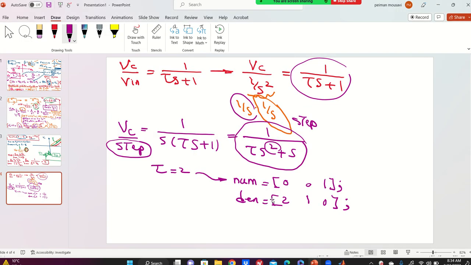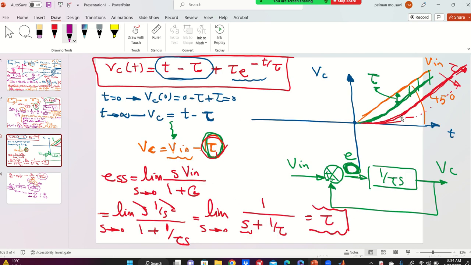So, did you follow the course in the class? What is this screen? This green line, or what is this red line?